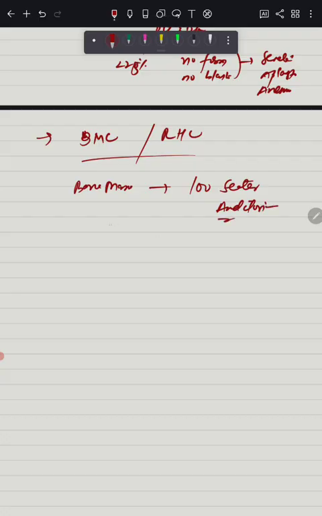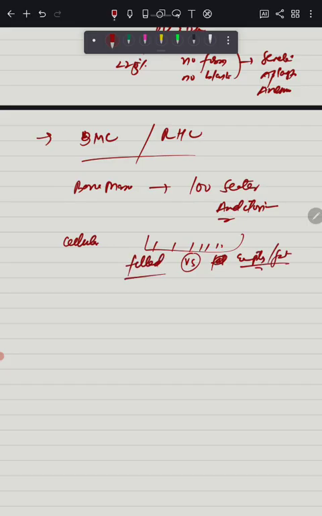Cellularity means how many seats are filled, versus how many are empty or contain fat.